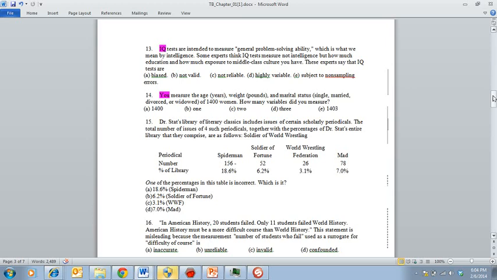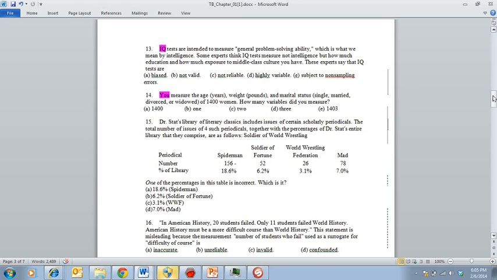These experts say that IQ tests are: A, biased, B, not valid, C, not reliable, D, highly variable, or E, subject to a non-sampling error.